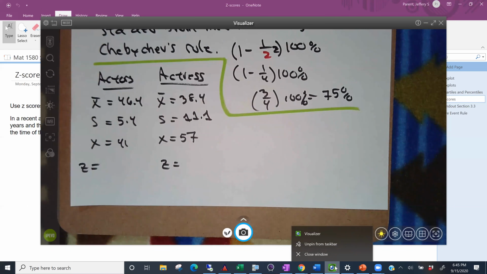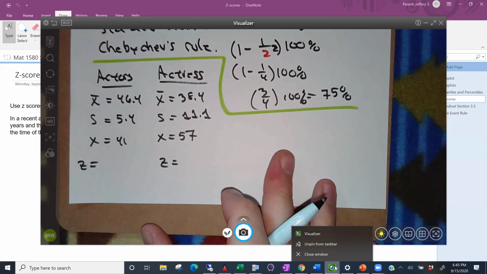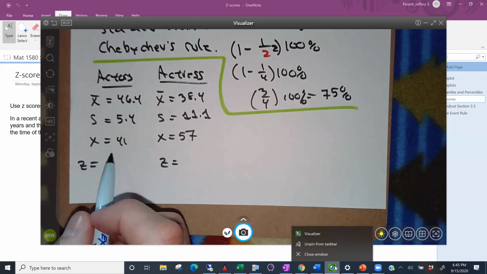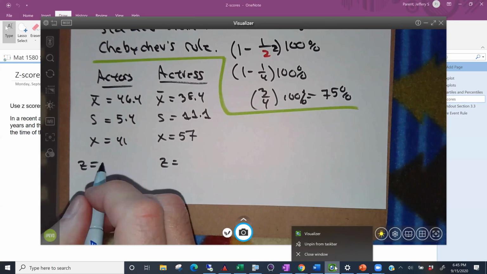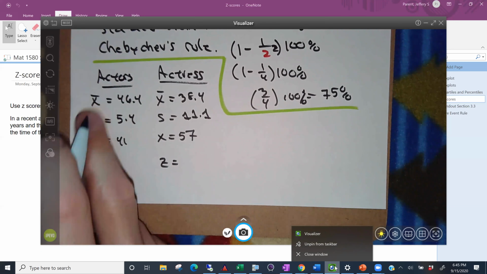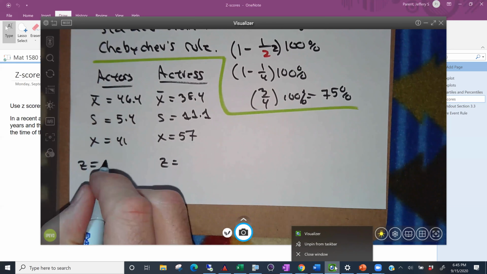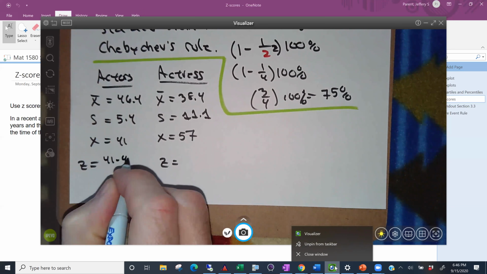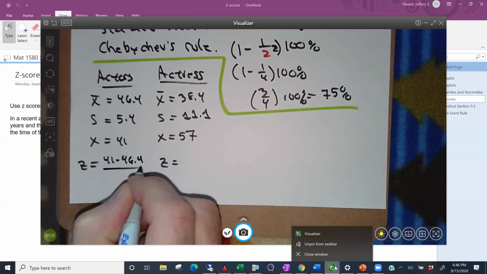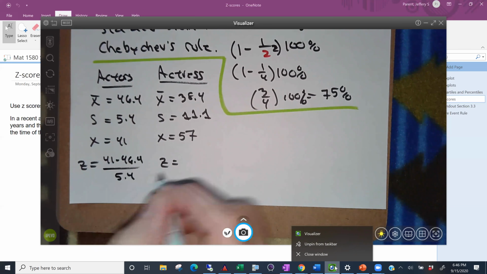But let's just focus on the z-scores for each of these. So in terms of the z-score, you're going to calculate x minus x bar divided by sigma. So 41 minus 46.4 divided by 5.4.